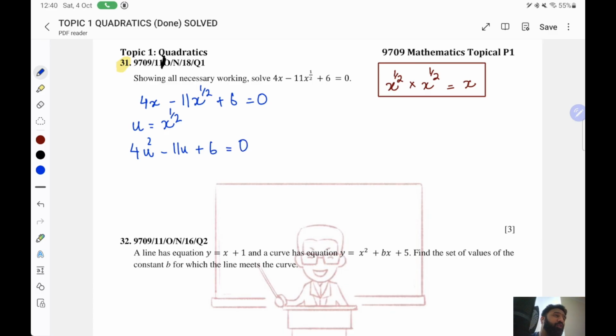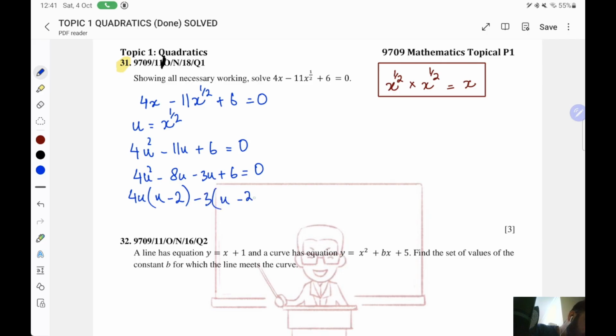So it is 4 times 6, which is 24. So the two factors that you are going to choose will be minus 8 and 3. So 4u square minus 8u minus 3u plus 6 equals 0. So 4u is common, so u minus 2 inside, and for the next, minus 3 is common, u minus 2 inside.